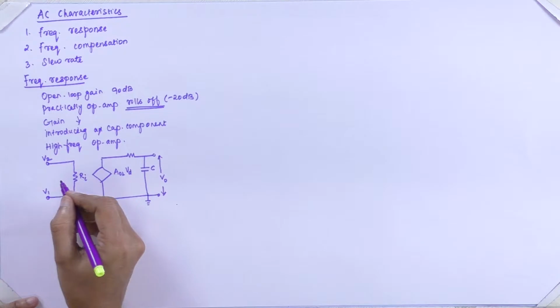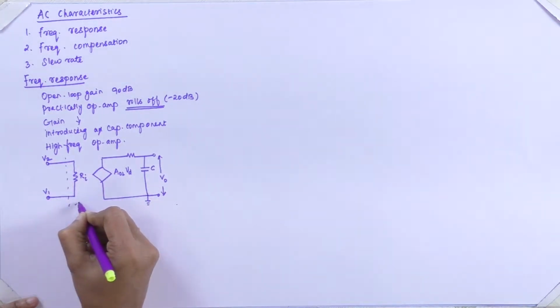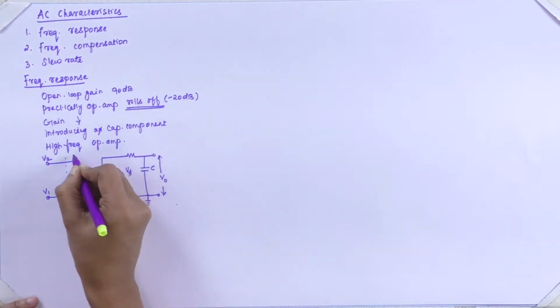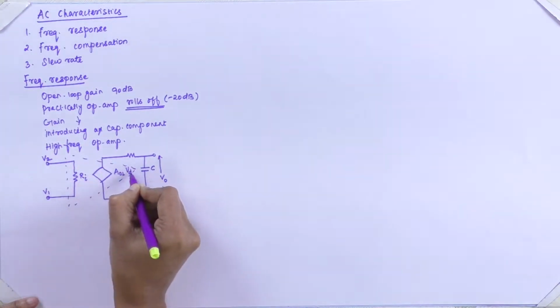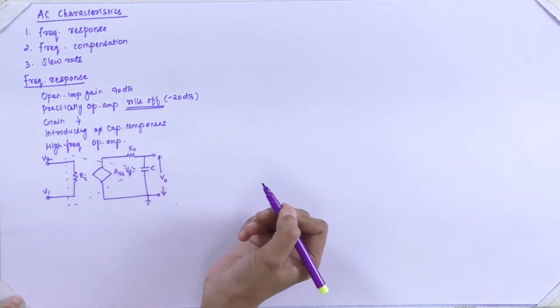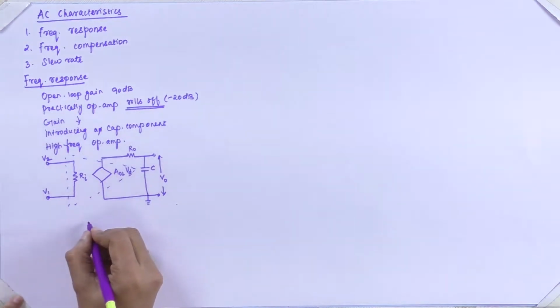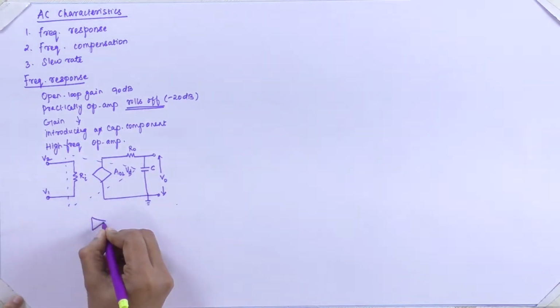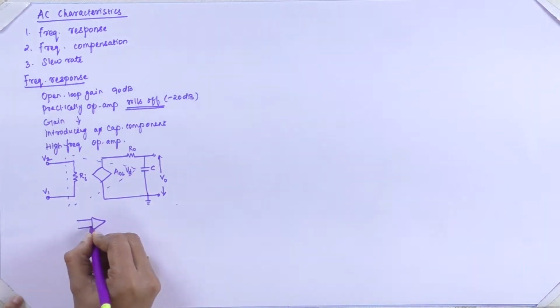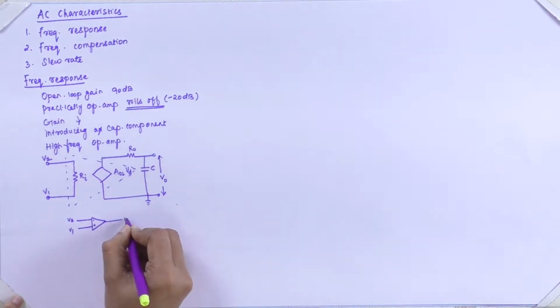Here, this is the input resistance, and this is the internal operational amplifier. This is the output resistance. Similarly, we draw an op amp like this, connecting the inverting and non-inverting terminals, the voltages V1 and V2, and we get V0.